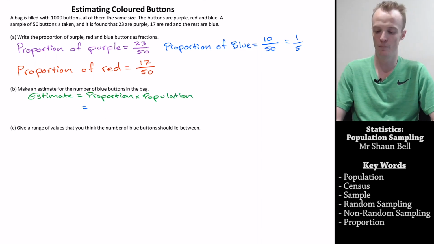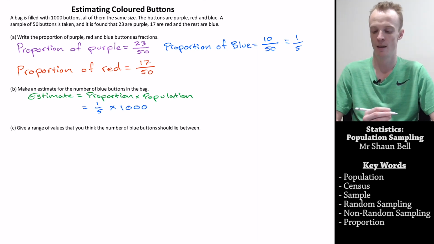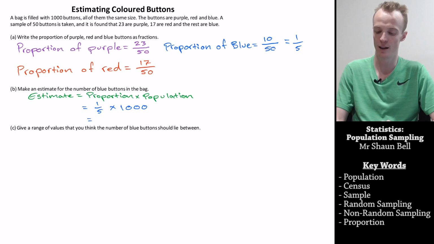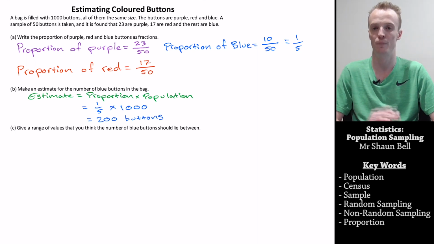Now, in our problem, the proportion of blue buttons was 1 over 5. And the total population that we got the sample from was 1,000. Now, when we multiply these two together, we find that our estimate is 200 buttons within this population are likely to be blue.